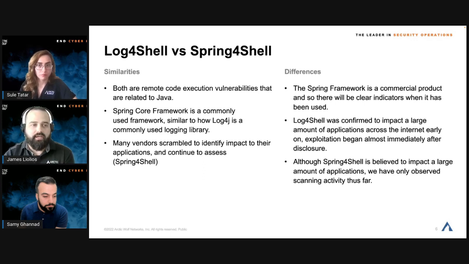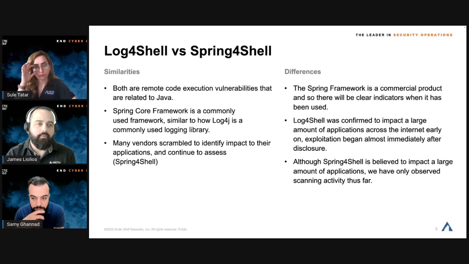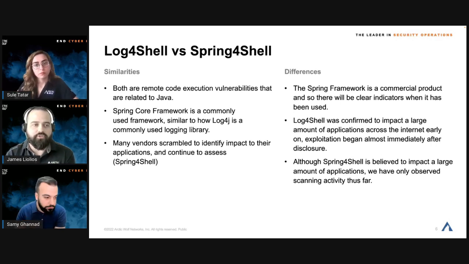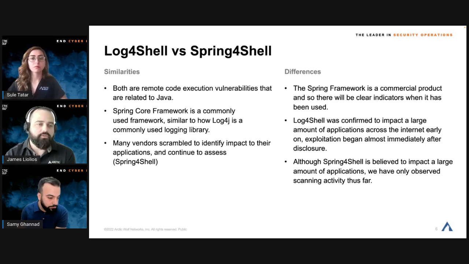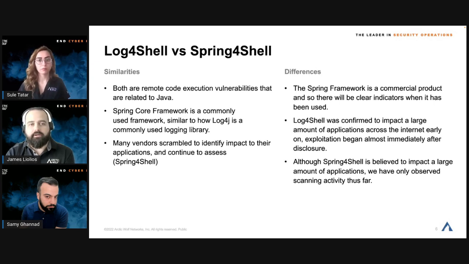So with that being said, there are a couple of security researchers that have created GitHub pages now where they are tracking vendor advisories as they come out with new updates in regards to whether or not their applications are vulnerable to Spring4Shell. So, something good to keep an eye on as things progress with this whole event.